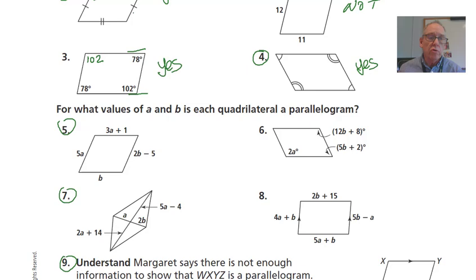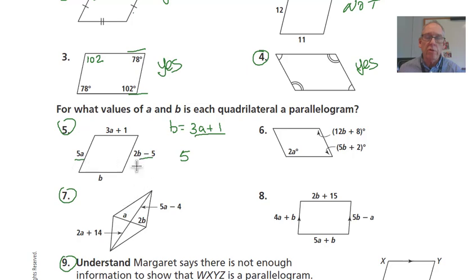This is almost like an Algebra 2 thing, but there's a way we can kind of get around it. If we look at the top and the bottom, we have B is equal to 3A plus 1. In this other one, we have 5A must be equal to 2B minus 5, and we can substitute for the B that it's equal to 3A plus 1.